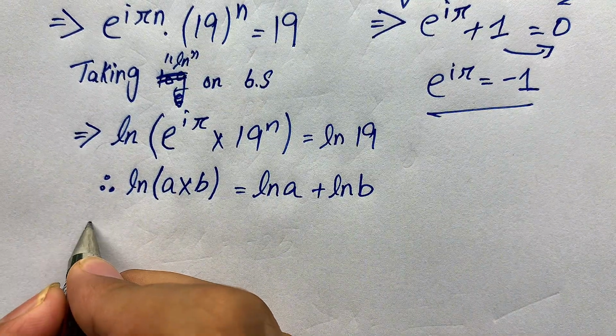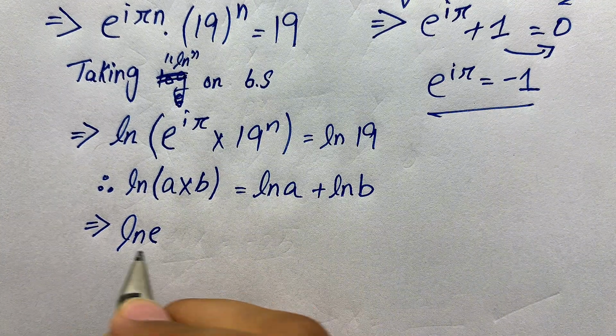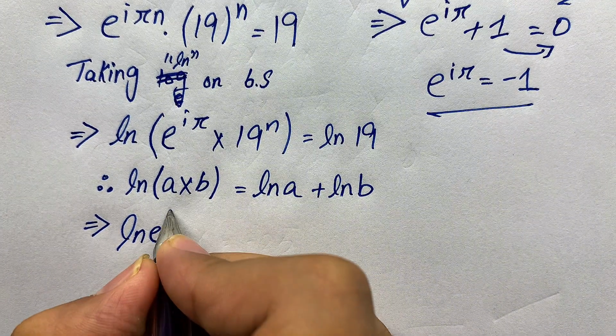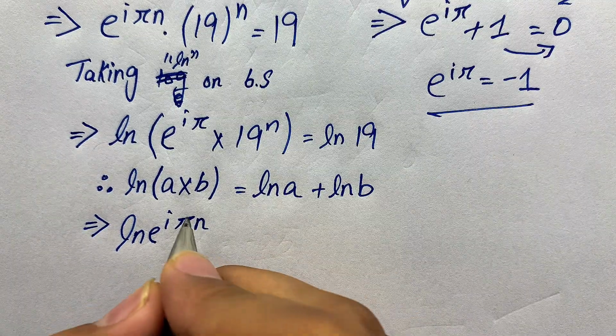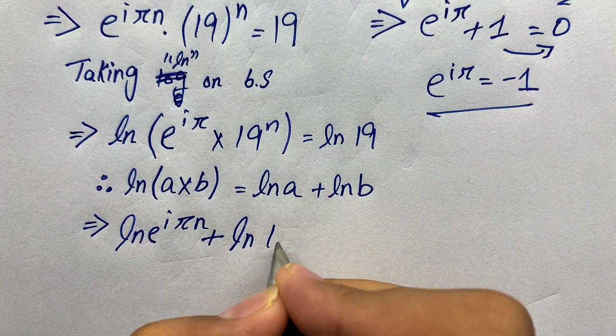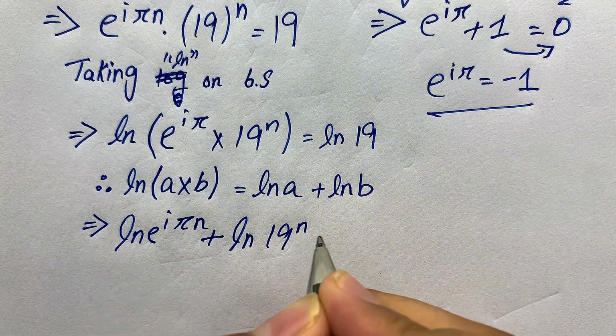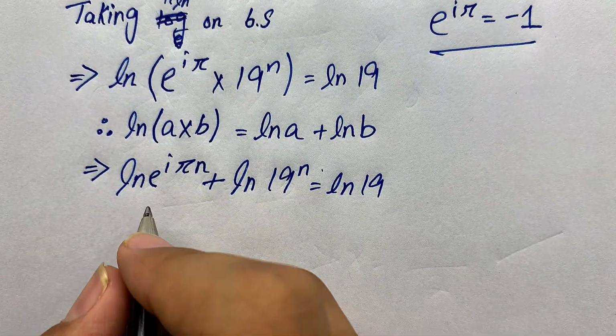So ln e^(iπn) plus ln 19^n is equal to ln 19.